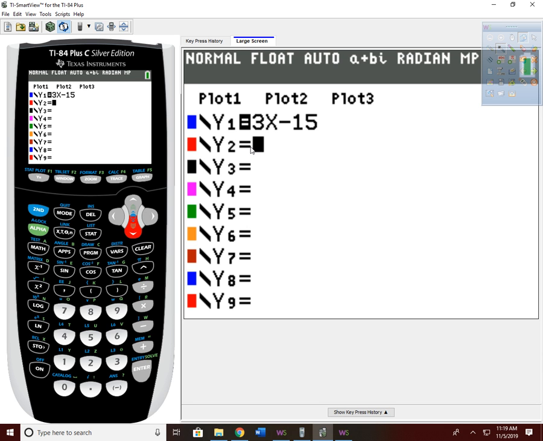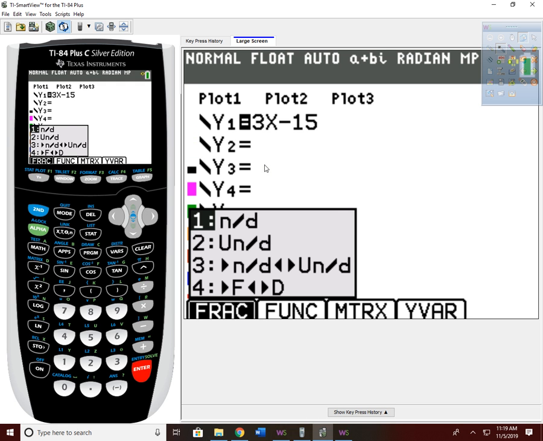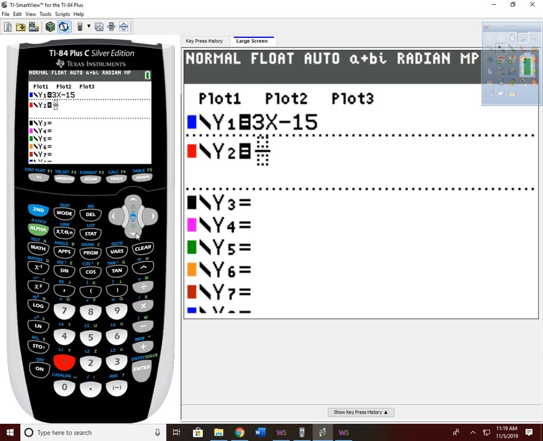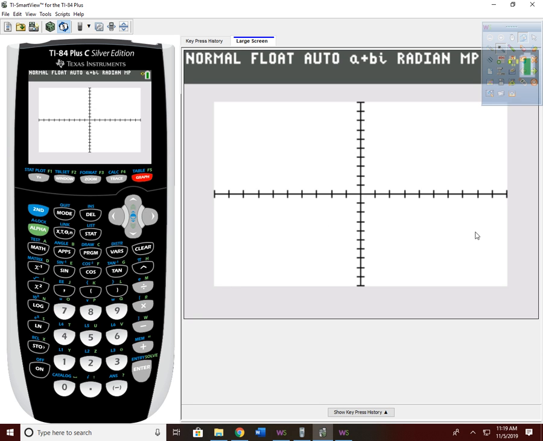And in the second equation, I'm going to get boxes here for a fraction, so I've got 1/2 x squared minus 2x minus 7. Then I'm going to graph that. The first one this time is going to be my line, and the second one will be my parabola.